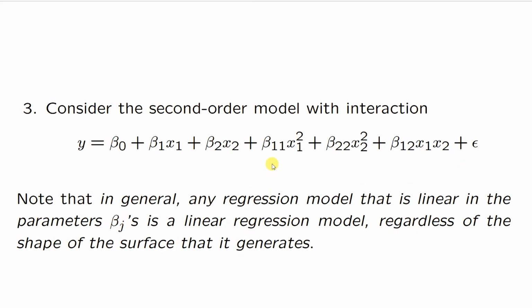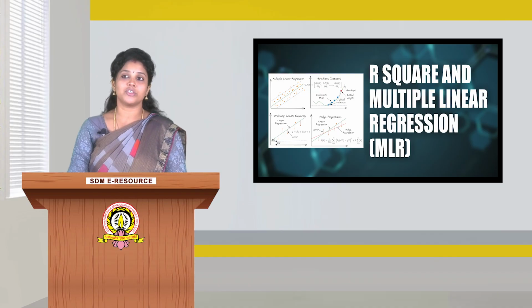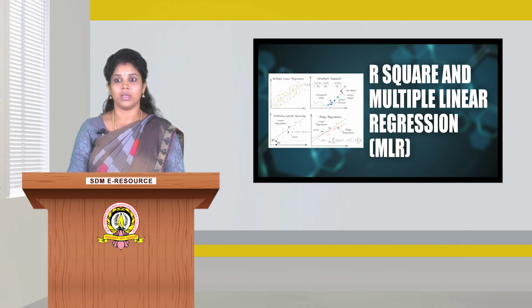Here if I denote beta 11 as beta 3, x1 square as x3, beta 22 as beta 4 and x2 square as x4 and beta 12 as beta 5, x1 into x2 as x5, then we get a multiple linear regression model with 5 regressors, that is x1, x2, x3, x4, x5. So in general, any regression model that is linear in the parameters beta j's is a linear regression model regardless of the shape of the surface that it generates.